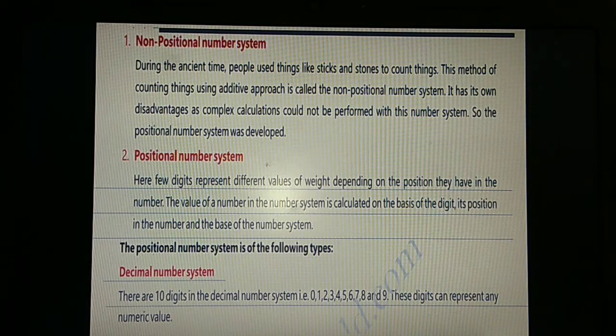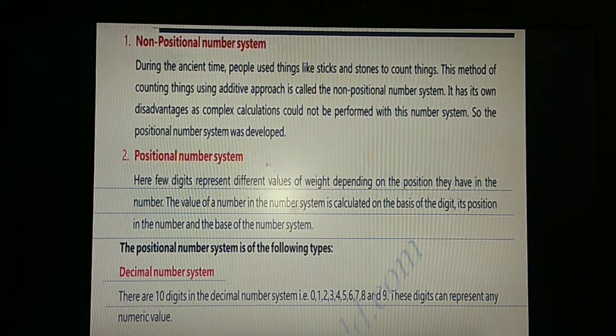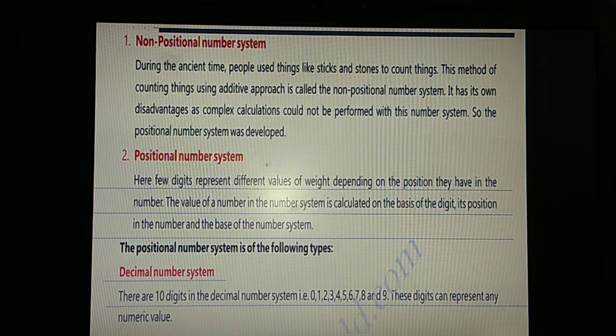That means it starts from 0, 1, 2, 3, 4, 5, 6, 7, 8 and 9. It doesn't include the digit 10, but it starts from 0 till 9. These digits can represent any numeric value.